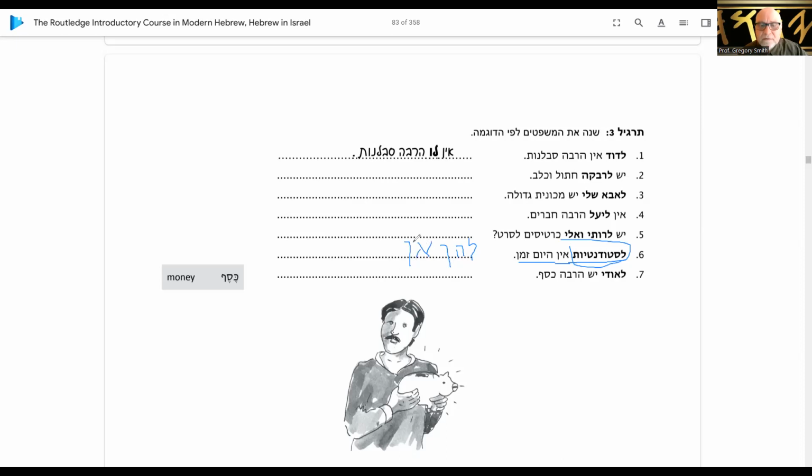Ain hayom zaman. Okay, so lahen ain hayom zaman. So to them, there is not today time. So there's not time today. So let's see if they use lahen in theirs.